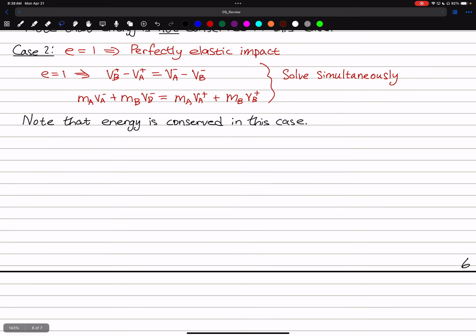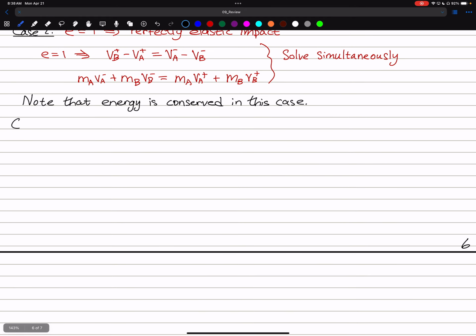All right, let's take a look at the last case, case 3. This is where e is not 0, but is also not 1. So e is greater than 0, but less than 1. This is known as an inelastic impact.